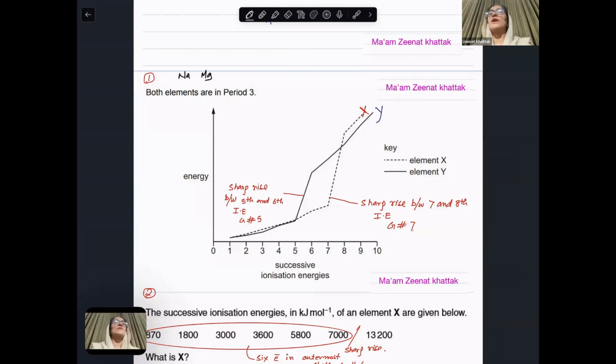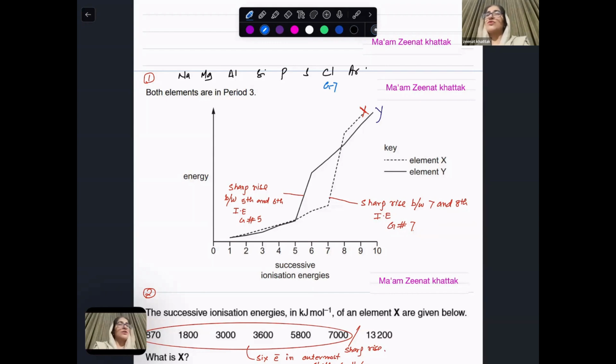Sodium, magnesium, aluminium, silicon, phosphorus, sulfur, chlorine, and argon. So X and Y: X is in group 5 and Y is in group 7, right?